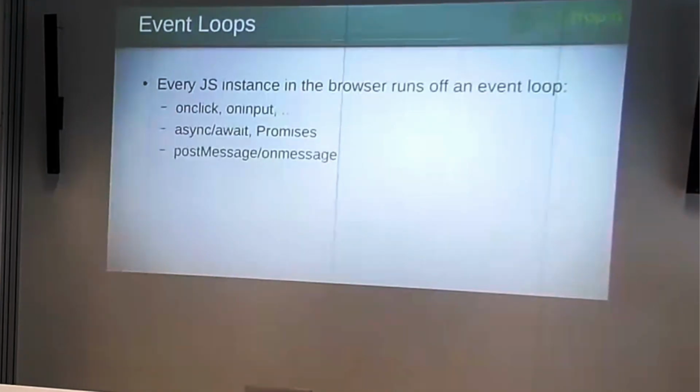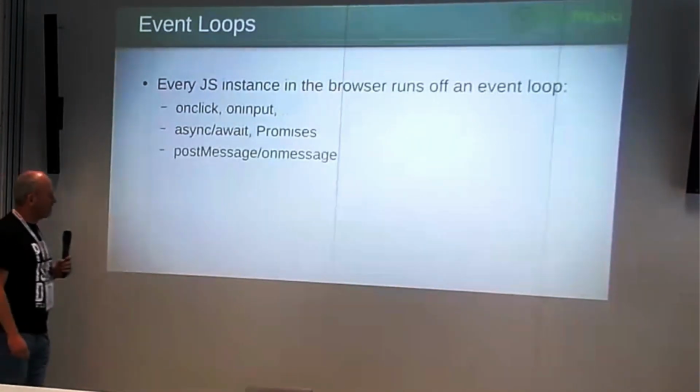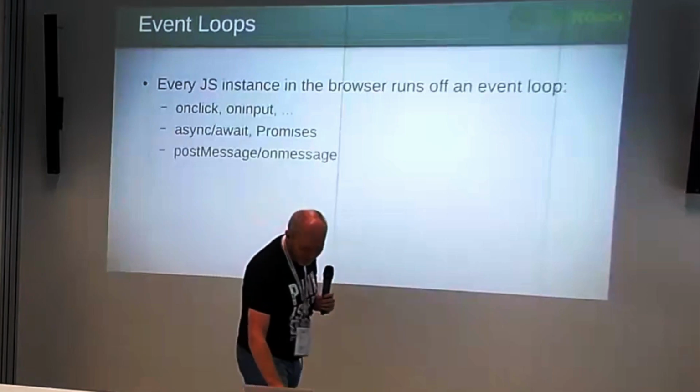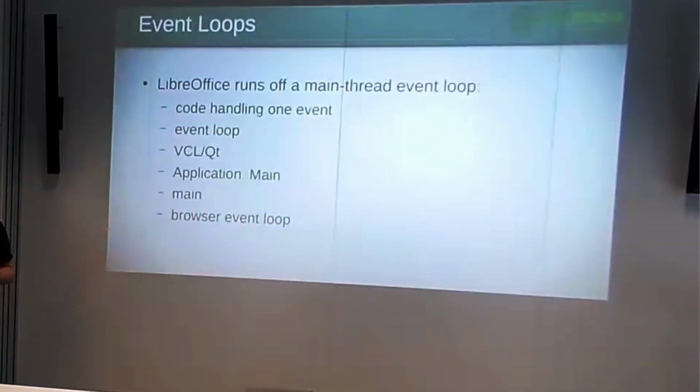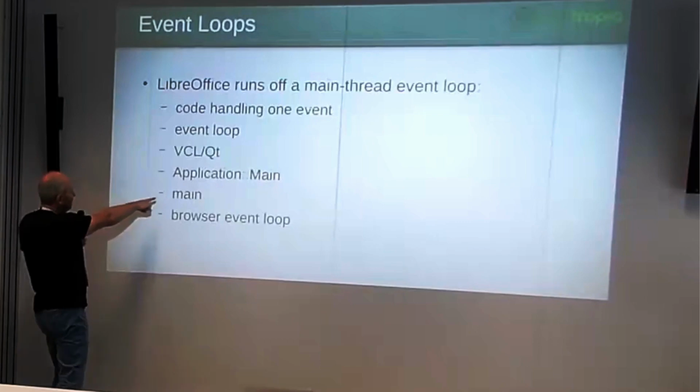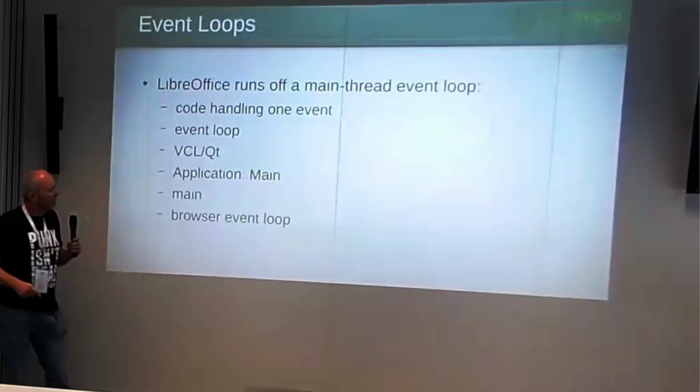And that's not exactly how the LibreOffice code is designed. So at the bottom there's the browser event loop, as I said. Then there's our main function. This is where LibreOffice starts.